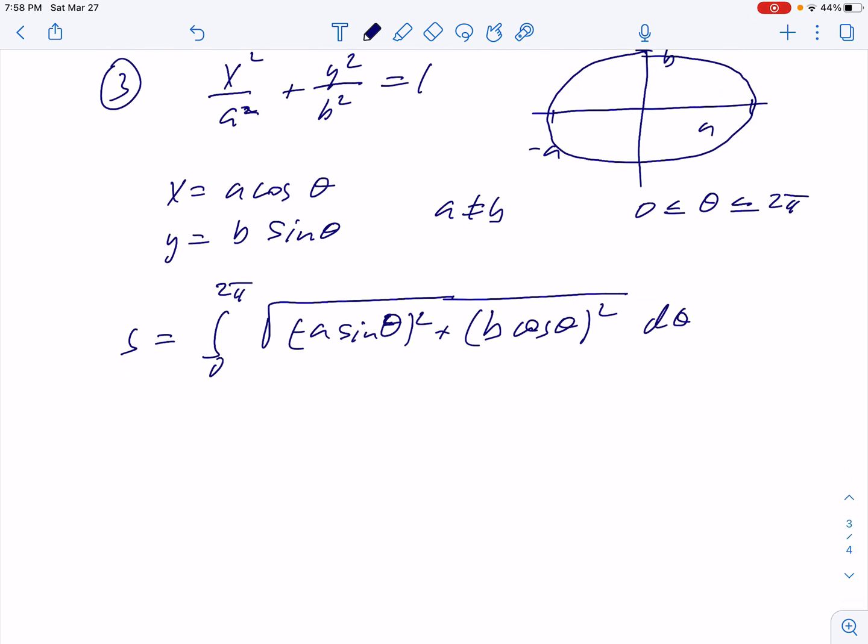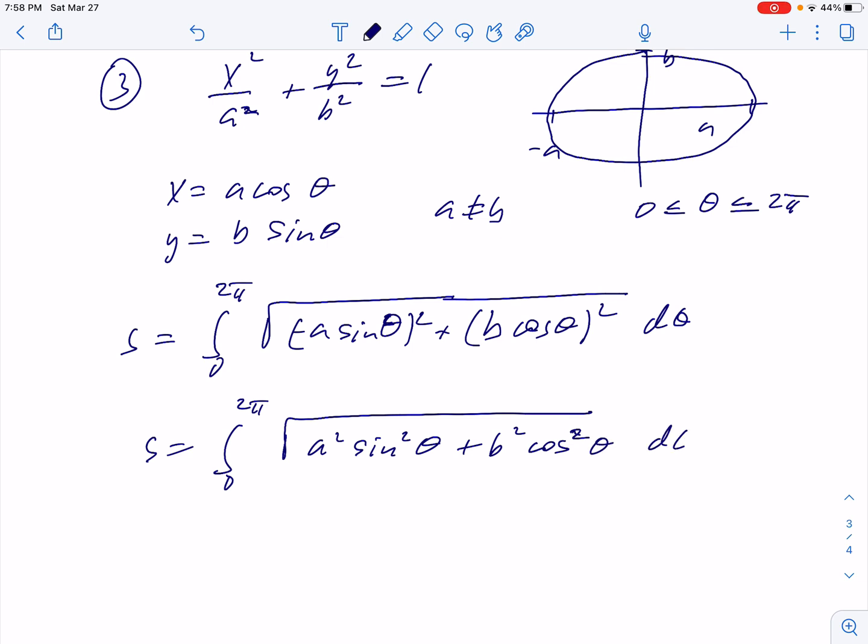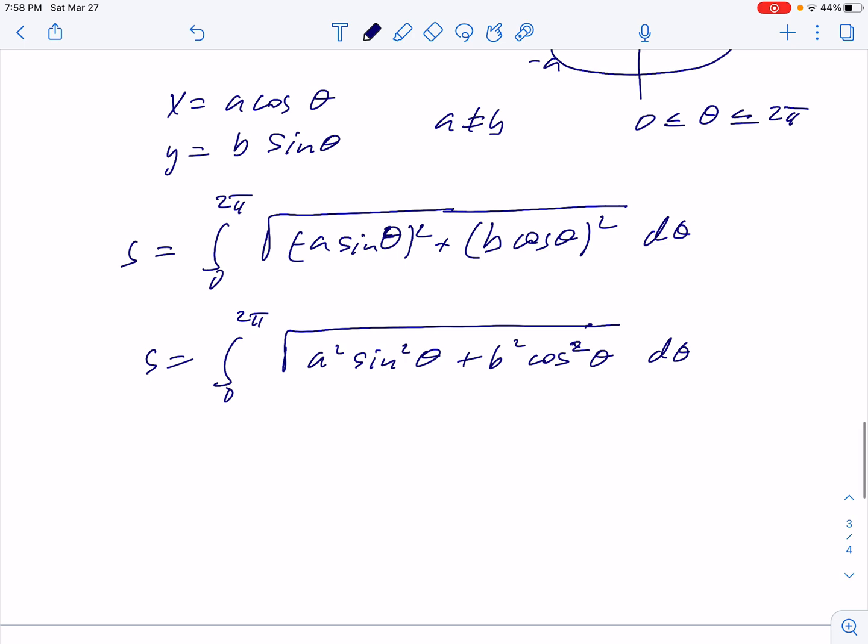And we can write it also this way. 0 to pi, square root of a squared sine squared theta plus b squared cosine squared theta, d theta. Now, it's useless to try to simplify this and evaluate like we did with the circle.